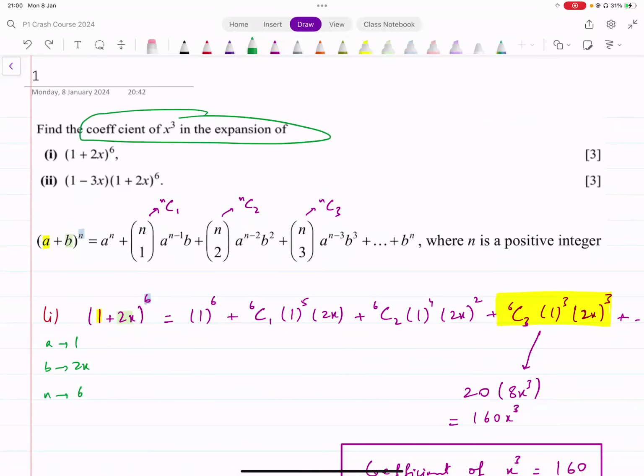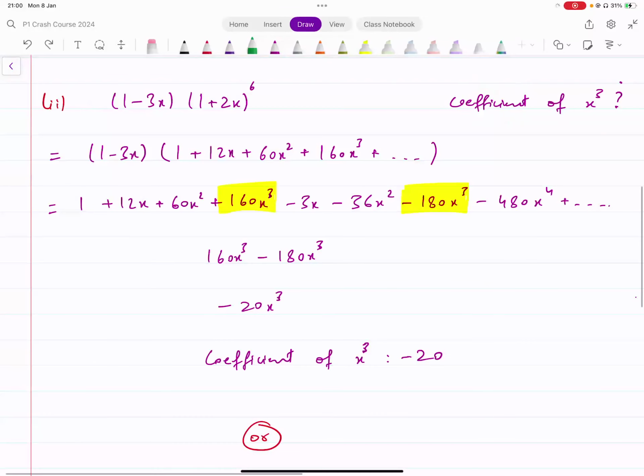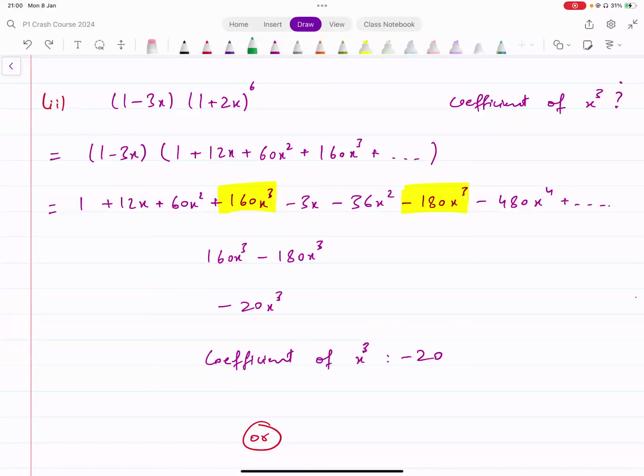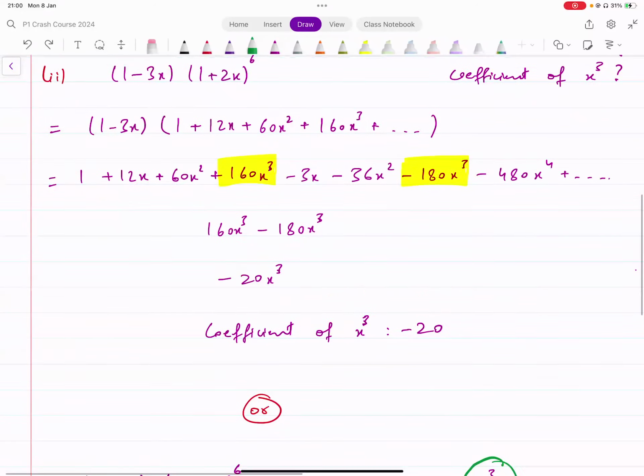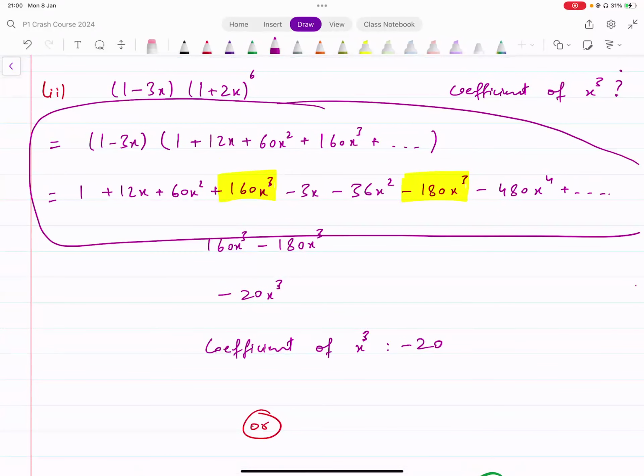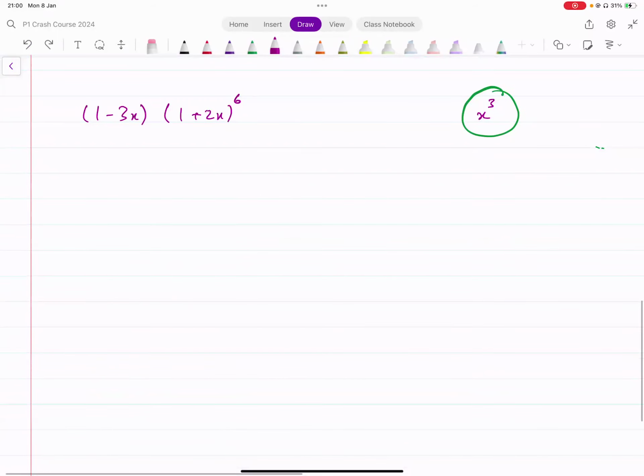Now, how could we do all of this more efficiently, which is going to be really important for some questions. In this case, it doesn't really make a lot of difference because this is not a lot of working either. But in a lot of questions, you have to first figure out what specific terms you are going to need from this expansion. Now, let's understand what I mean by that.